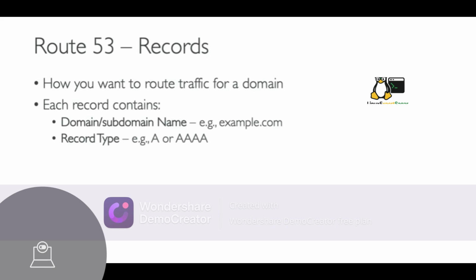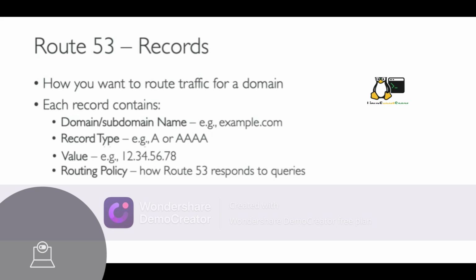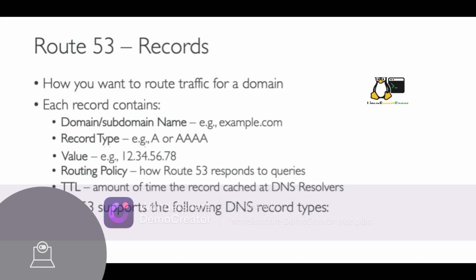For example, it could be A or AAAA. Then the value of the record, for example 1.2.3.4. The routing policy, which is how Route 53 will respond to queries. And the TTL, which is the amount of time the record is going to be cached at the DNS resolvers, also called time to live.